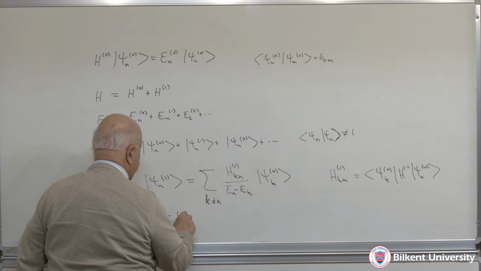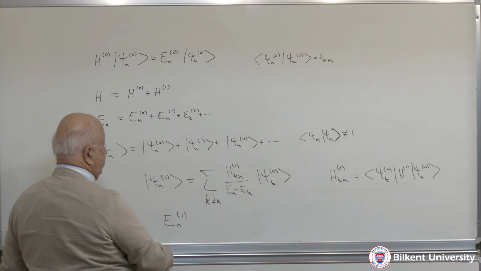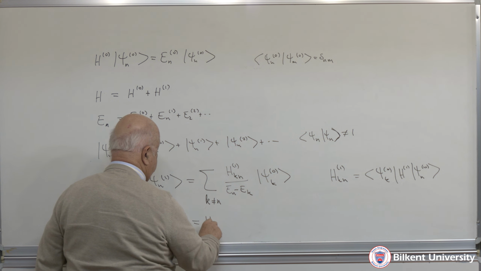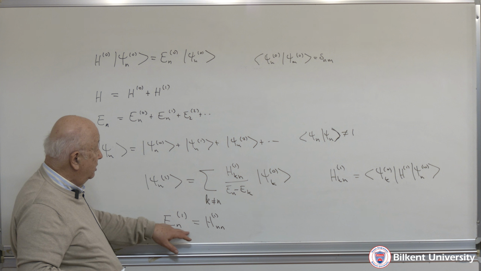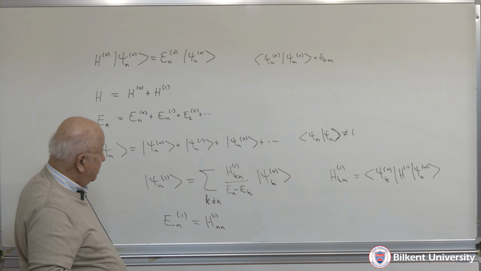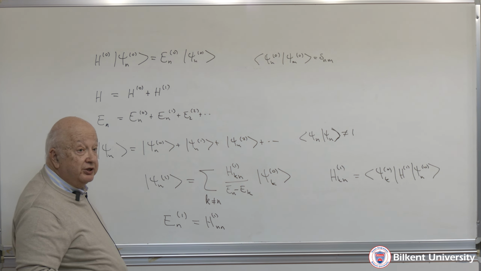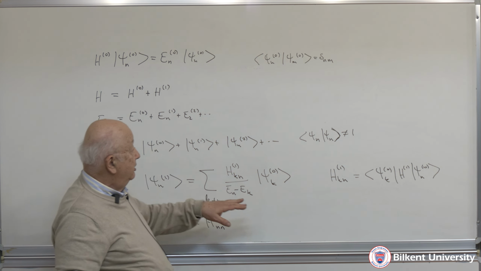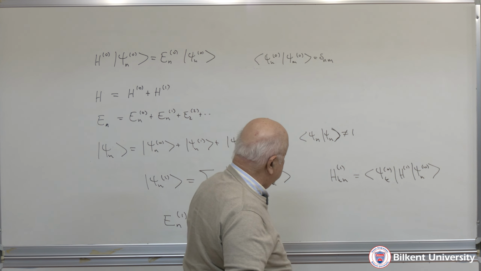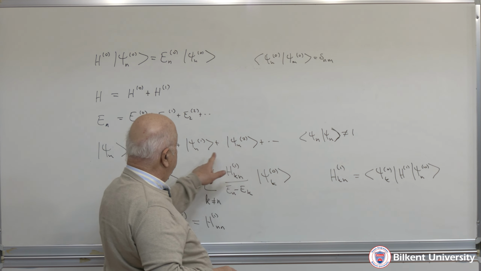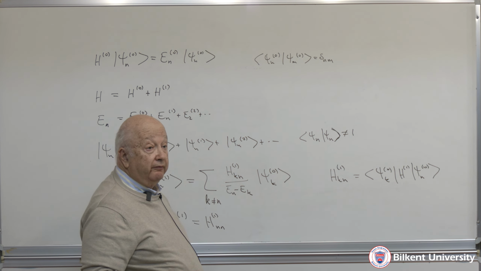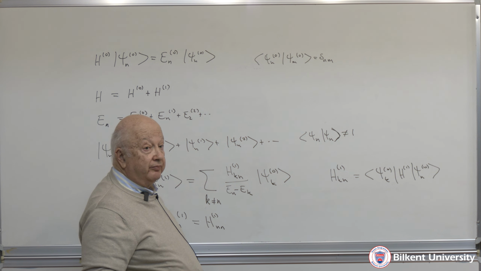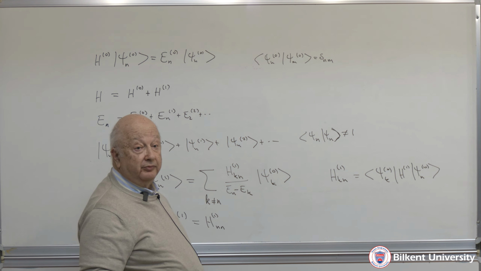That was very easy. The first order En1 is just H1 nn. So the diagonal term gives us the first order shift in the energy, and the off-diagonal elements enter into this expansion of psi n1 in terms of the original psi's. Is all of this clear? Any questions?